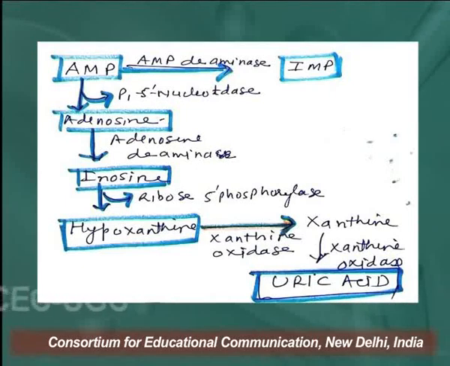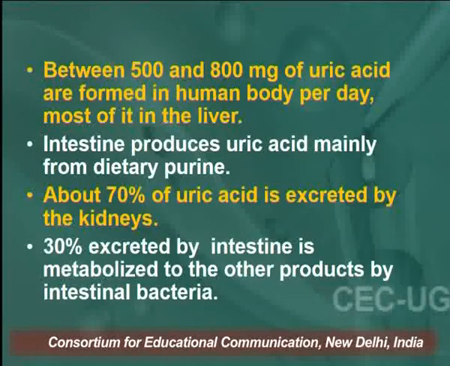Inosine ribose 5-phosphate is converted into hypoxanthine, and hypoxanthine in the presence of xanthine oxidase is converted into xanthine, and finally uric acid. So, purine is metabolized to uric acid in the human biological system.